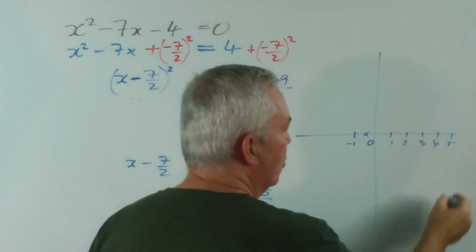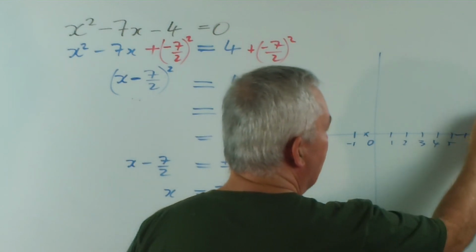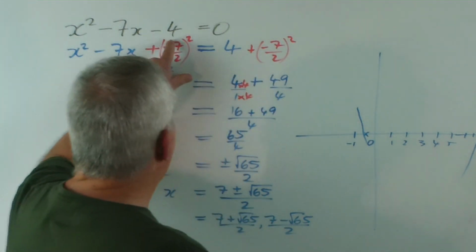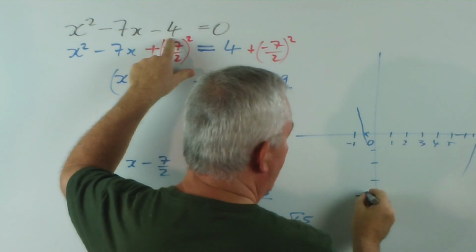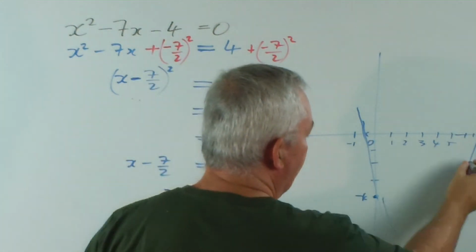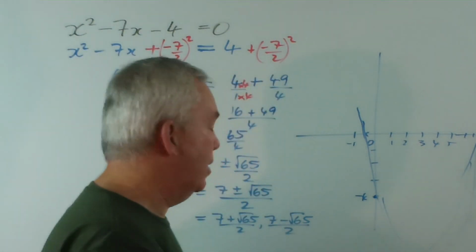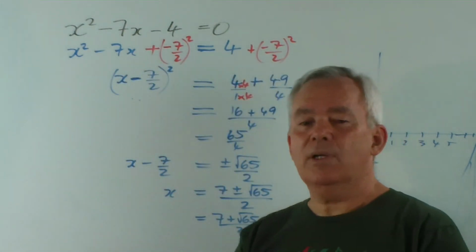I'm off the side of the board, but if we just imagine, 6, 7, 8, the parabola would come down through those, and negative 4 would be the y-intercept, 1, 2, 3, 4. So we've got quite a steep parabola, and we would worry about the rest of the drawing at other times, but this is how you find the roots or zeros by completing the square.